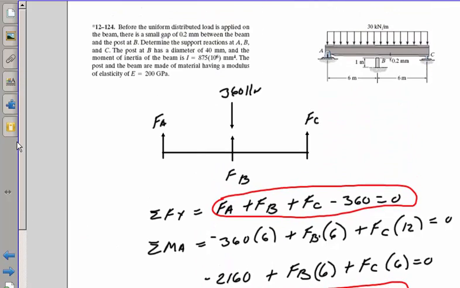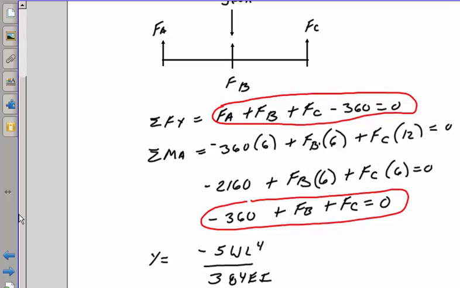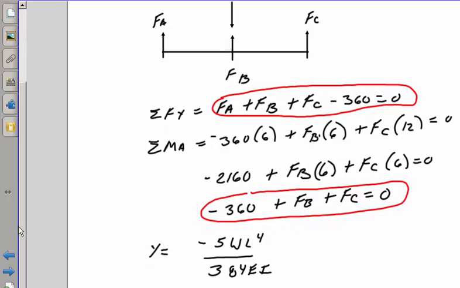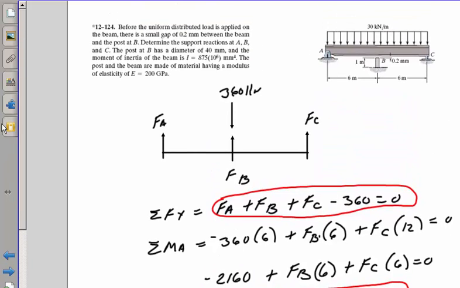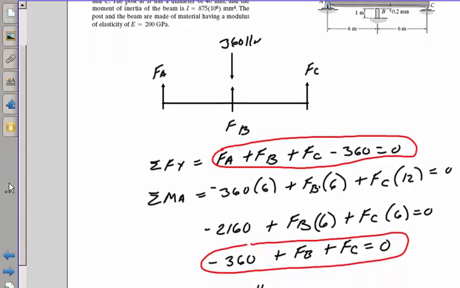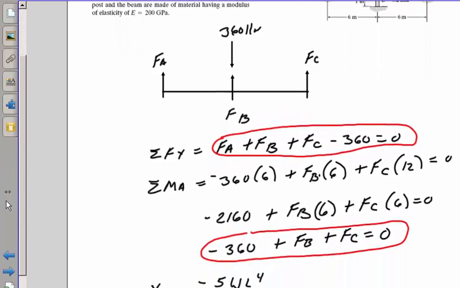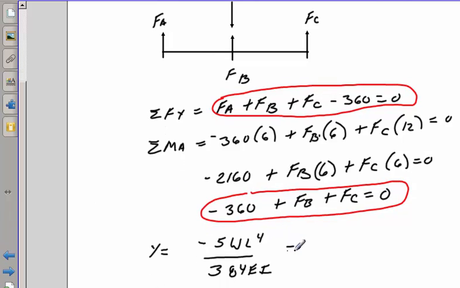Now W in this case would be our 30 kilonewtons here. Kilonewton meters. So we put that value in at minus 5 times our 30.